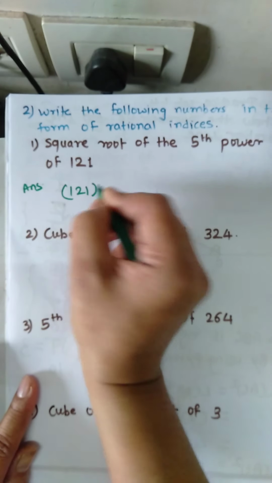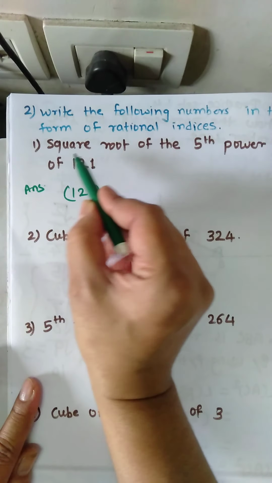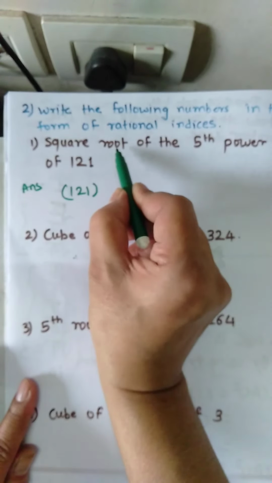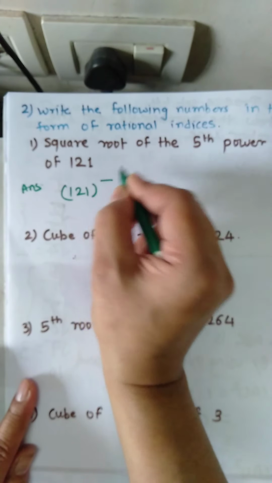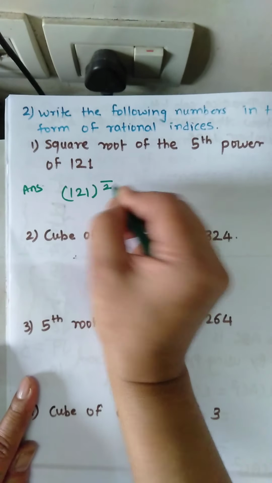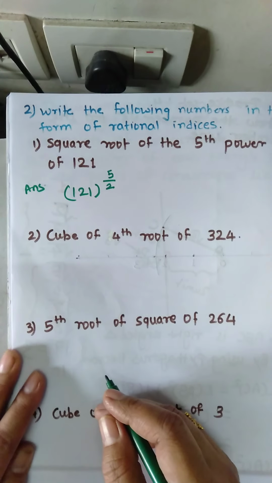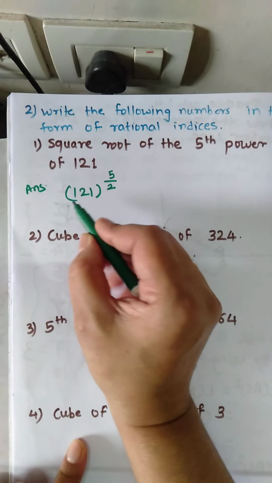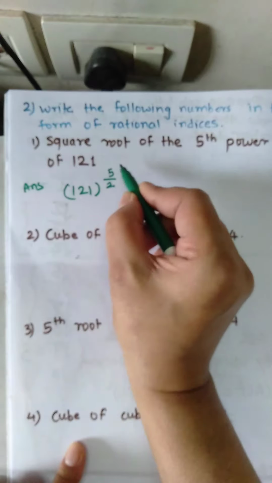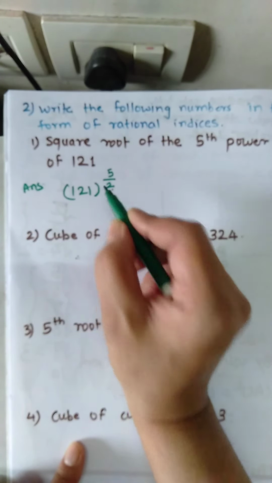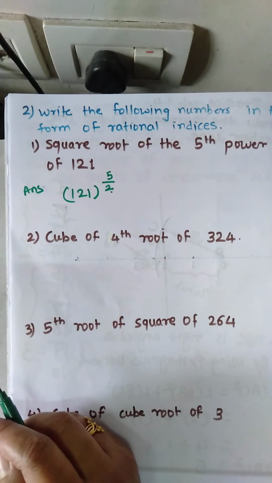So write it down first and give the bracket. Now read the question again. Square root means the root is given, means the denominator is given. Square means 2. Square root of the fifth power means the numerator is 5. This is the required answer. So 121 raised to 5 upon 2 means the square root of the fifth power of 121.